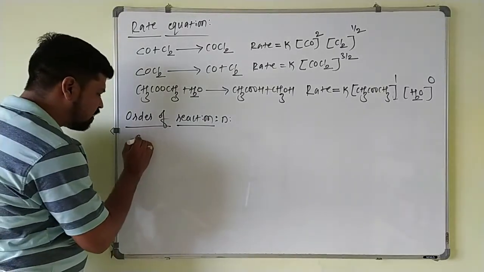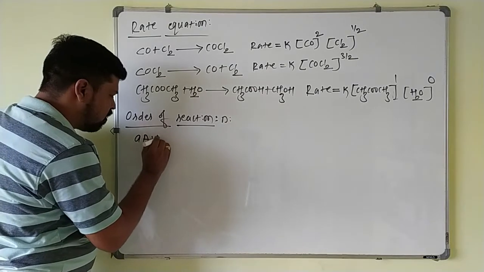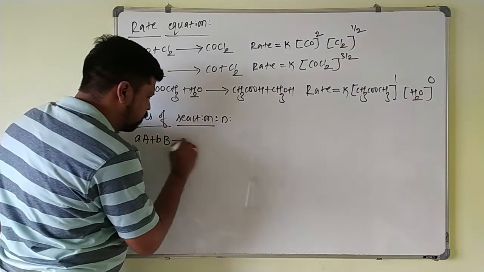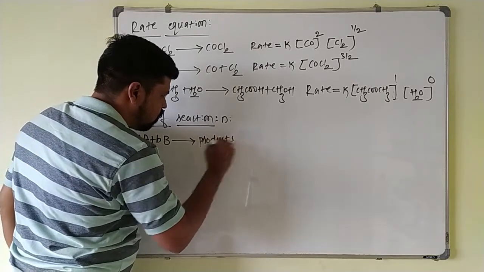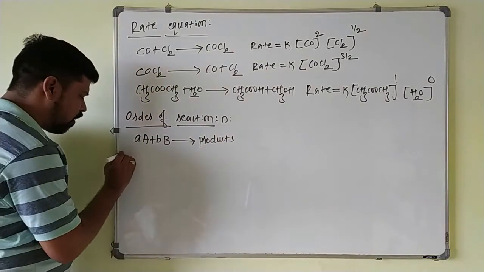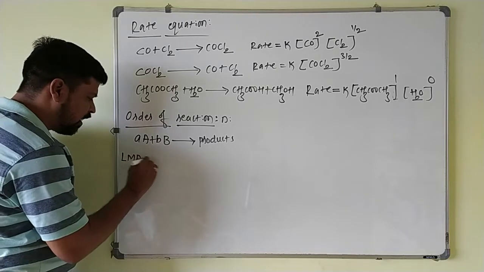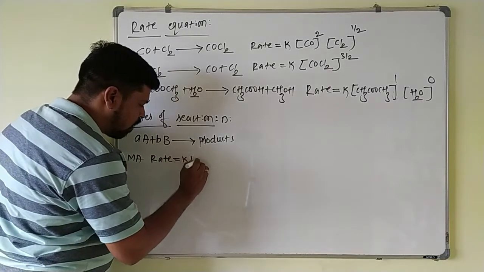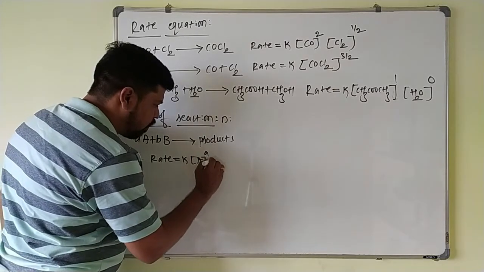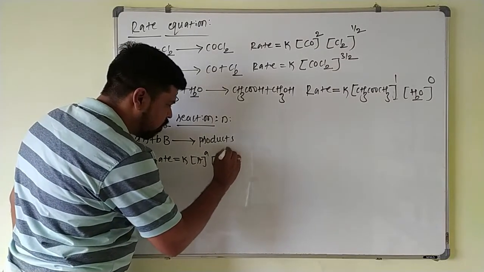For example, if I consider a reaction aA plus bB, and this is giving products here. In this one, according to the law of mass action, the theoretical rate equation can be written as rate is equal to K into molar concentration of A power a, molar concentration of B power b.